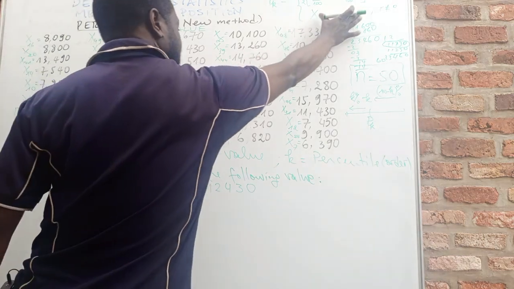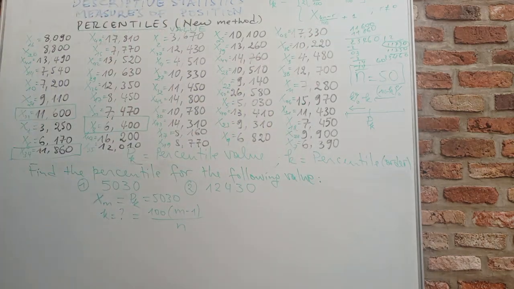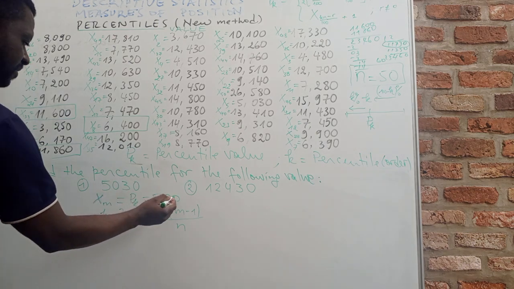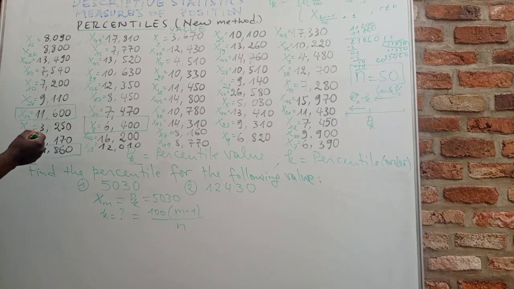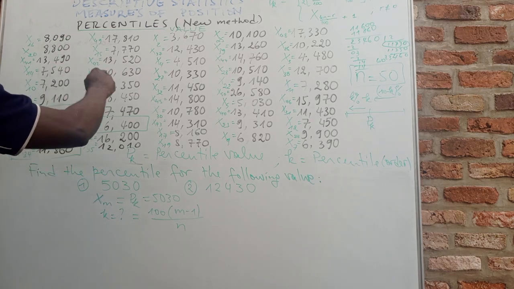But in the second case, the element is one of the distribution. Now, what to look for? It is to look for m, the index of the value in this list. If we look for 5030, we find that it is among these. Let me check if it is here.